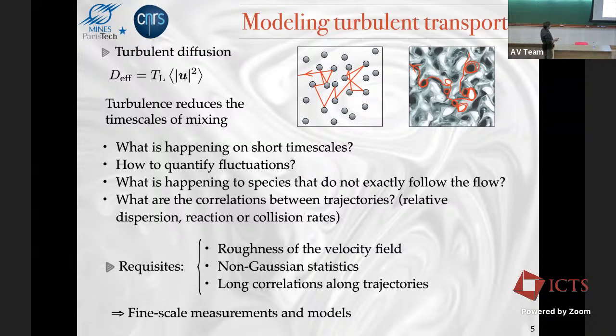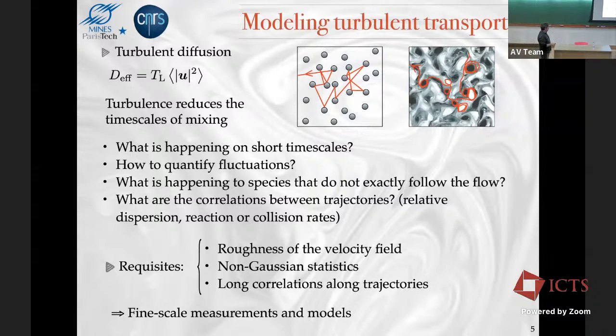So to address all these points, we need to understand the effect of the roughness of the fluid flow, so of the fact that there are special correlations of turbulent velocity fields that we need to model somewhere. The turbulent dispersion is not well approximated by diffusion, and it shows non-Gaussian statistics.